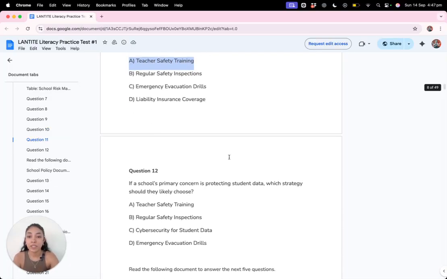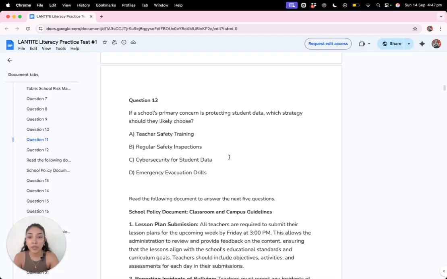Okay, the next one is question 12. If a school's primary concern is protecting student data, which strategy would they most likely choose? So we've got A, B, C, and D, teacher safety training, regular safety inspections, cybersecurity for student data, and emergency evacuation drills.